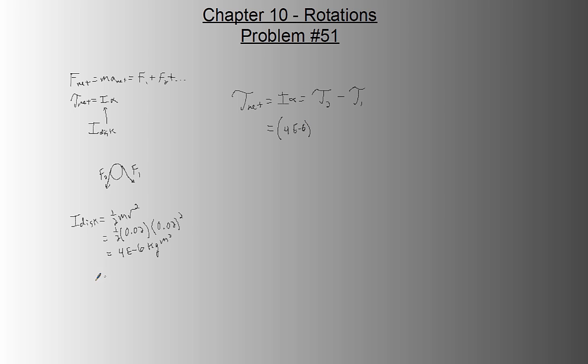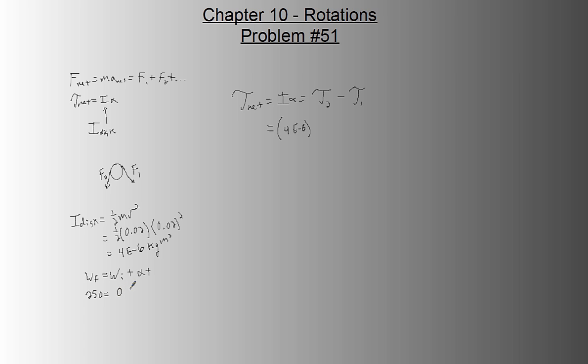Now let's find alpha. We can use the kinematics equation, omega final equals omega initial plus alpha t. And we're given a bunch of this stuff already in the problem. If you read it, we're given the final angular velocity. It starts at rest, so the final is 250 radians per second.